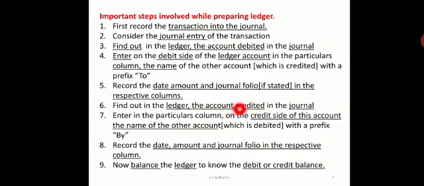I should find that particular account, go to the credit side of that account, and write the name of the account which is debited in the journal, by adding the prefix "By". Next, I record the journal date, amount and journal folio in the respective columns.